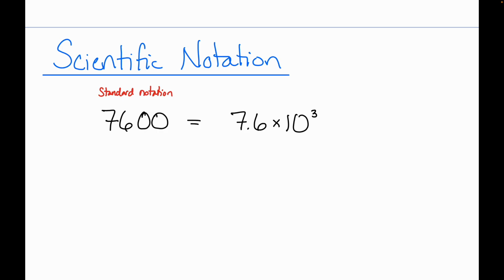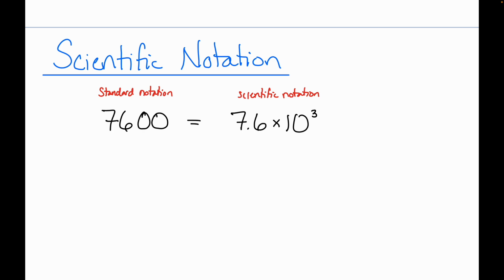If you punch that into your calculator, you would get 7,600. Right, 7.6 times 10 to the third, times 1,000, gives you that same value. So importantly, we're not changing the value of this number at all. We're just representing it in a different way, what we call scientific notation.